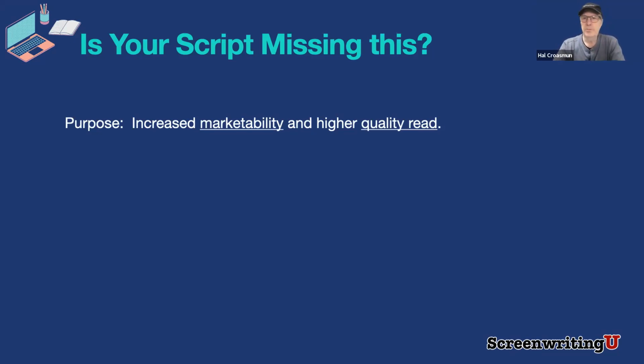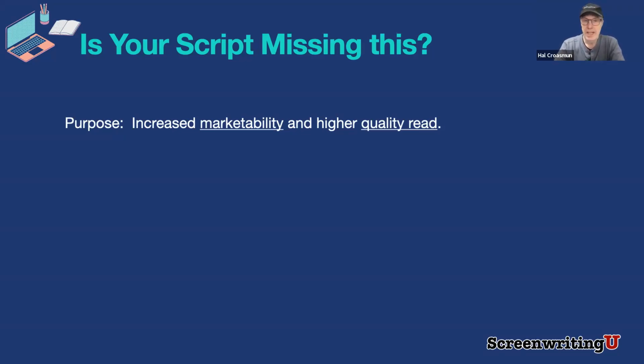If they've had 1,000 scripts, and I'm only reading the top 10, and I look through and 80% of them have marketability issues, I'm guessing that a lot of the others also do. So this is really, really important if you're trying to break into the industry.